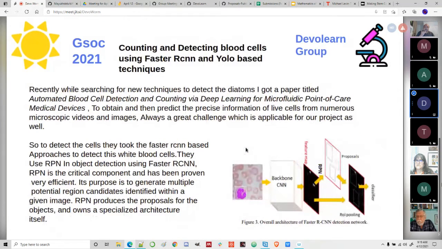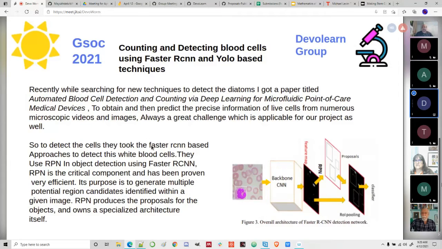While I was preparing my proposal, I was searching for new methods to detect and count the diatoms. From there, I got this new idea: some researchers detect blood cells using Faster RCNN and YOLO-based techniques, which I got from an open source code base.